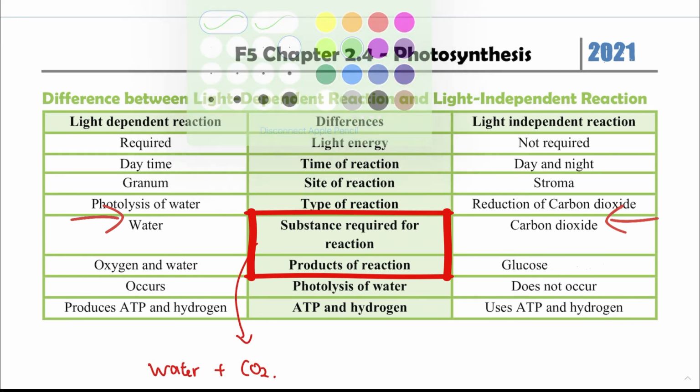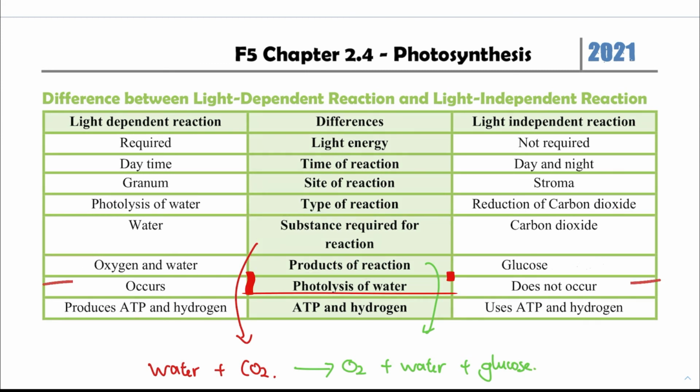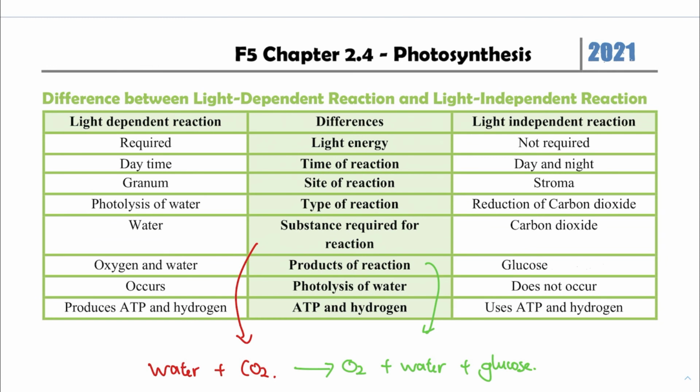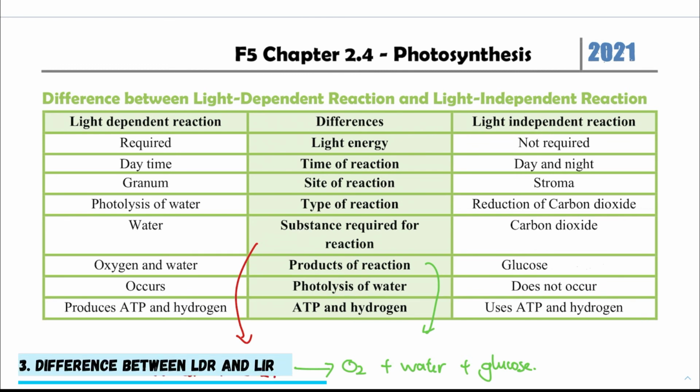The products, if I combine, I also will get the equation that we mentioned just now. But of course, the real equation doesn't have water behind. Photolysis of water, one occurs, one does not. And finally, ATP and hydrogen, of course, the light-dependent reaction produces it. LIR uses it. And those are the differences between LDR and LIR.